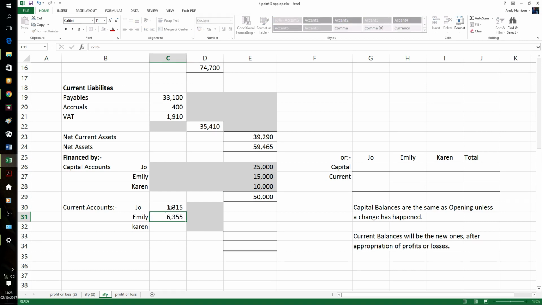So these are the current accounts that we worked out after the profits. So if it was a sole trader, you see the profit plus the capital minus the drawings. Well, the drawings and the profits are in these figures, so they've already been done, so we only need the current accounts.